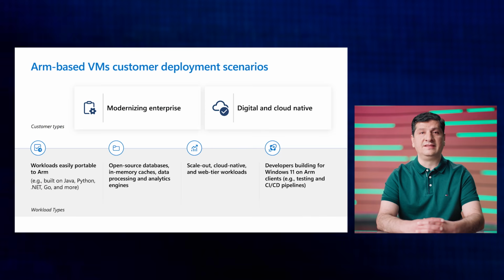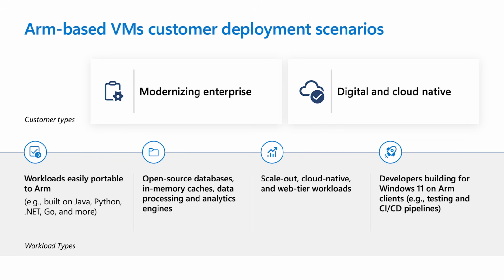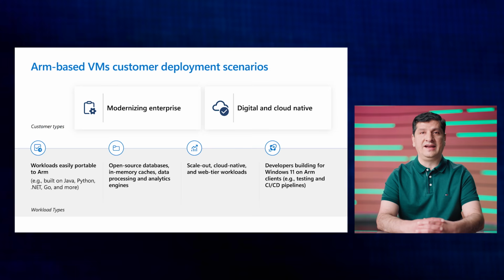Cobalt also shines in modernizing the enterprise estate, where customers can move established workloads onto Cobalt and unlock a step change in performance and efficiency. Workloads built on .NET, Java, Python, or Go port cleanly, and open-source databases, in-memory caches, data processing, and analytics engines all run beautifully. For most teams, it's recompile and go.